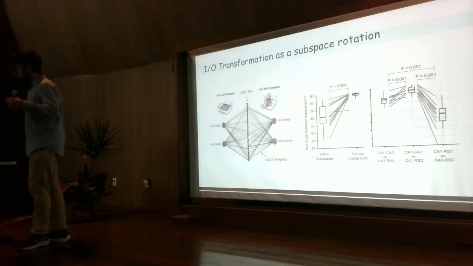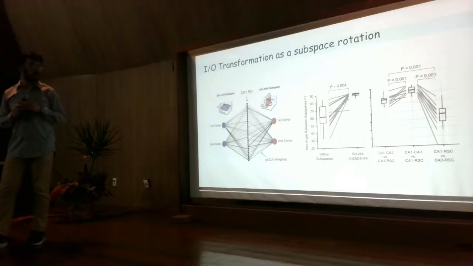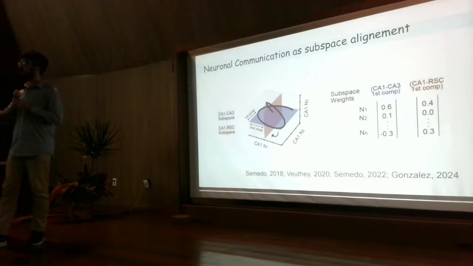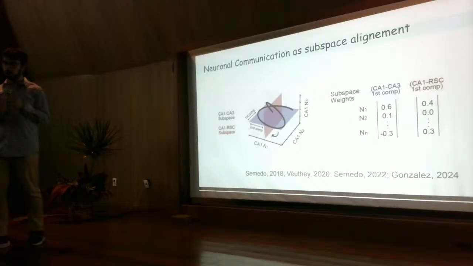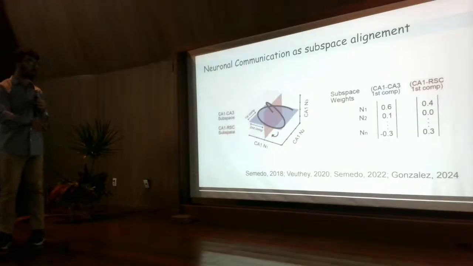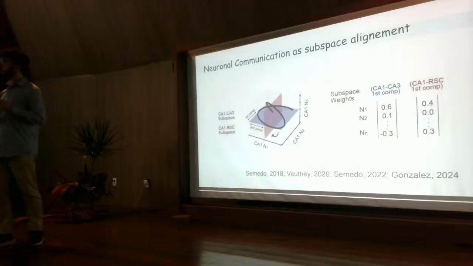I mostly draw these geometrical analogies just for the sake of visualization. They look nice, and that's the way people present this data. But the way I did it is the following: you find a linear combination that maximizes correlation. You make sure that the length of the time series is long enough compared to the number of neurons you have in each recorded region.